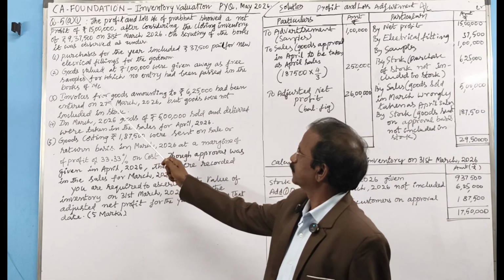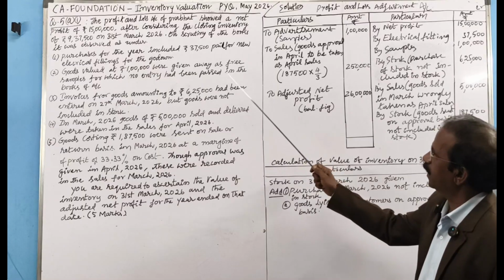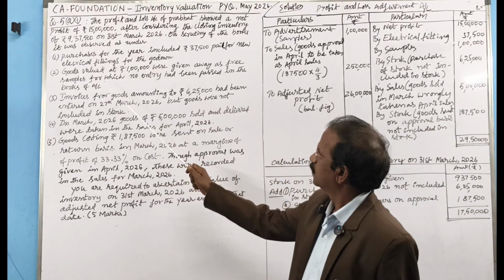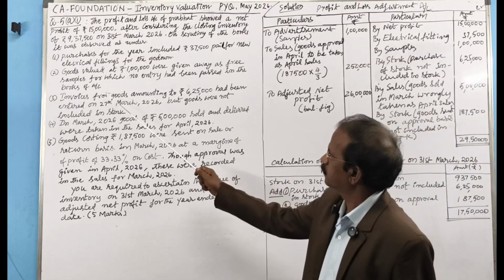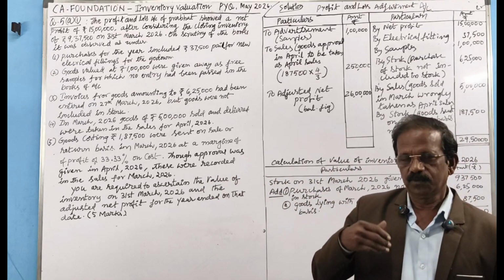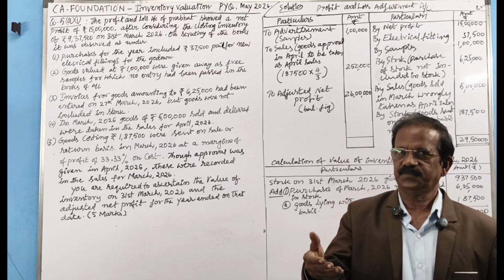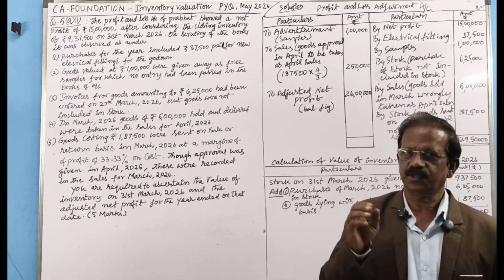Now the second one: goods valued at 1 lakh were given away as free samples for which no entry had been passed in the books of account. When goods have been distributed as free samples, what is the journal entry you have to assume?